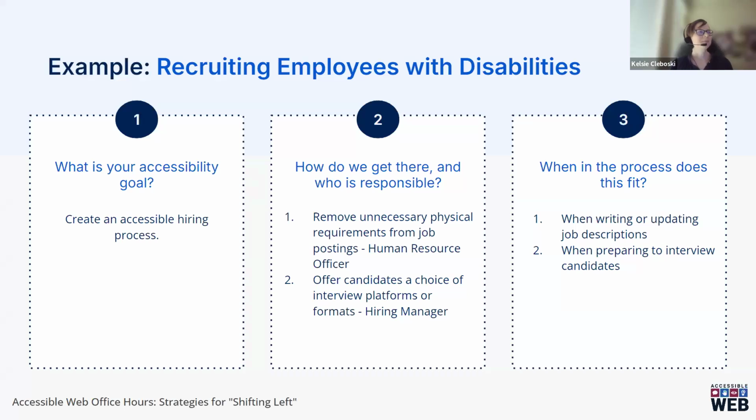And how we get there, some concrete steps we could take are to remove unnecessary physical requirements from job postings, and that might be the role of your human resource officer. You can offer candidates a choice of interview platforms or formats, and that might go to your hiring manager. Another great step to include here would be making sure that job postings and listings are posted in accessible formats.